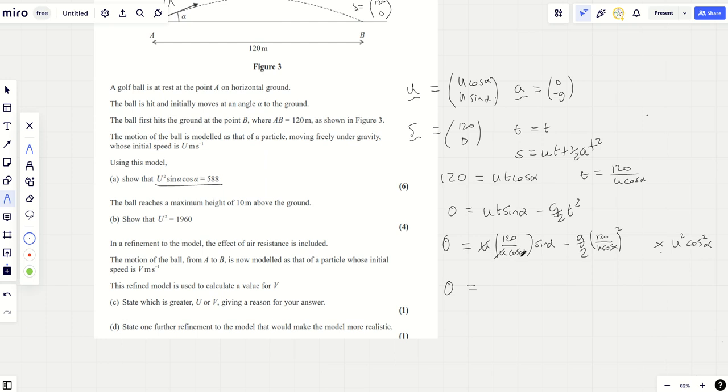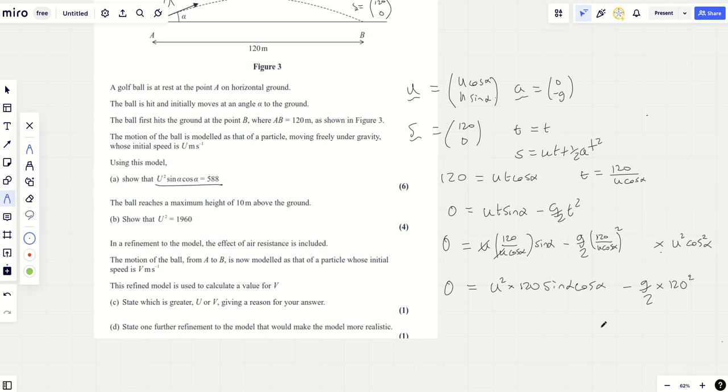We get 120 over cos alpha, times u squared times 120, and then we're going to get sine alpha cos alpha. And then over here we're going to get minus g over 2 times 120 squared. Yeah, okay, cool.